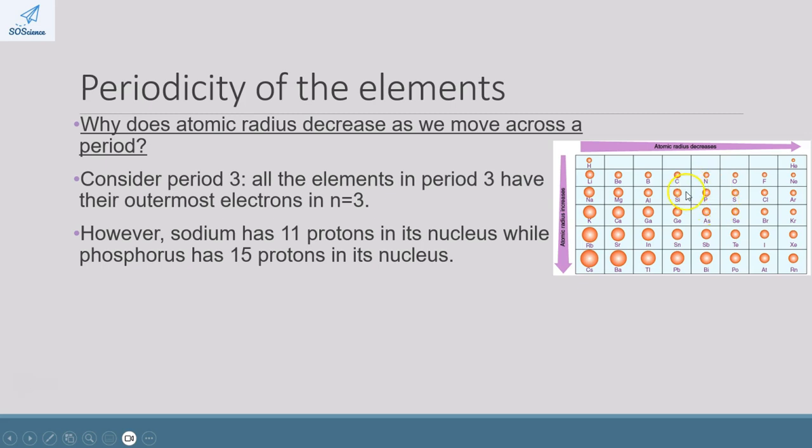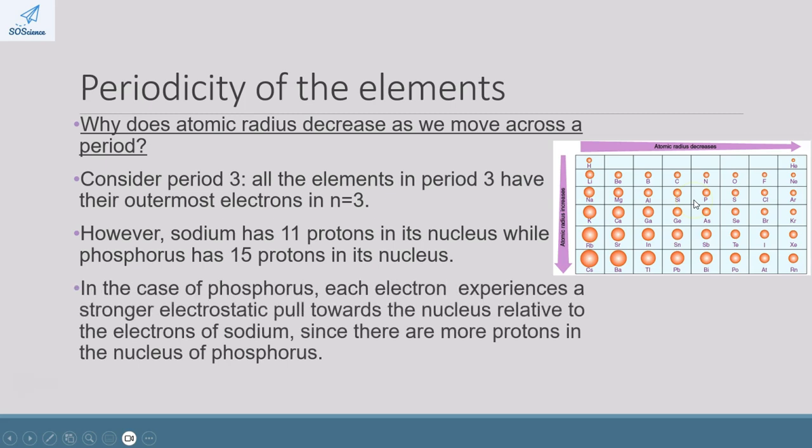It's got 15 protons in its nucleus. So sodium has 11 electrons and phosphorus has 15 electrons. But because it's got more protons and more electrons, that doesn't make it a bigger atom. Let's think of the logic. Why is phosphorus a smaller atom than a sodium atom?